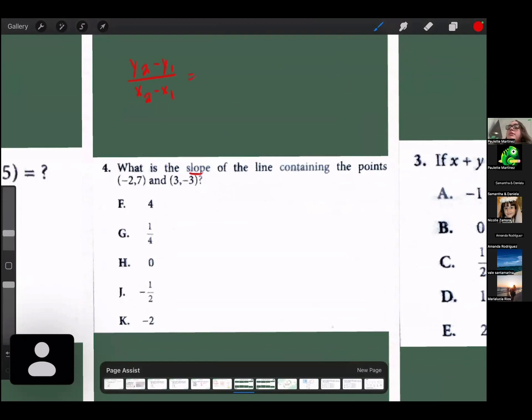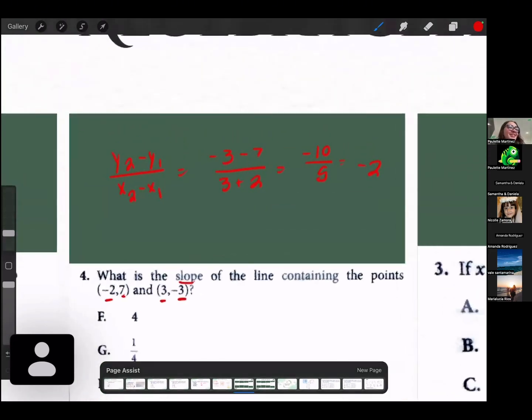So you get your y2, which is -3, and then this -7, and then you get your x2, 3 plus 2. Any questions on that? You see, it works up here. Again? Okay, beautiful.